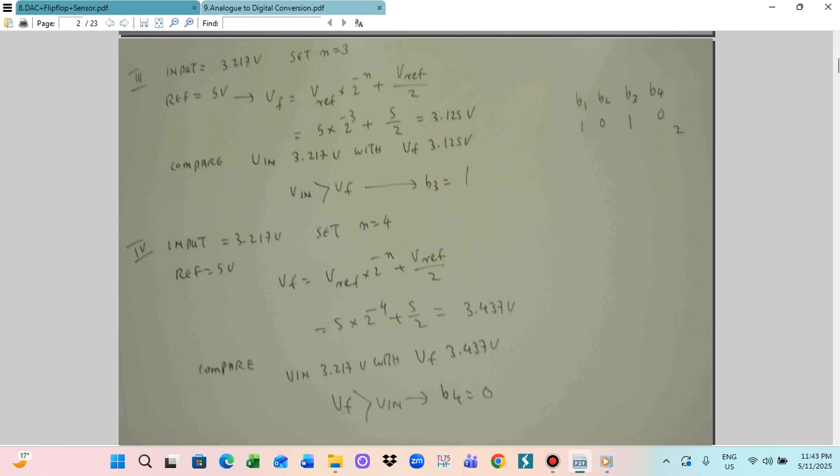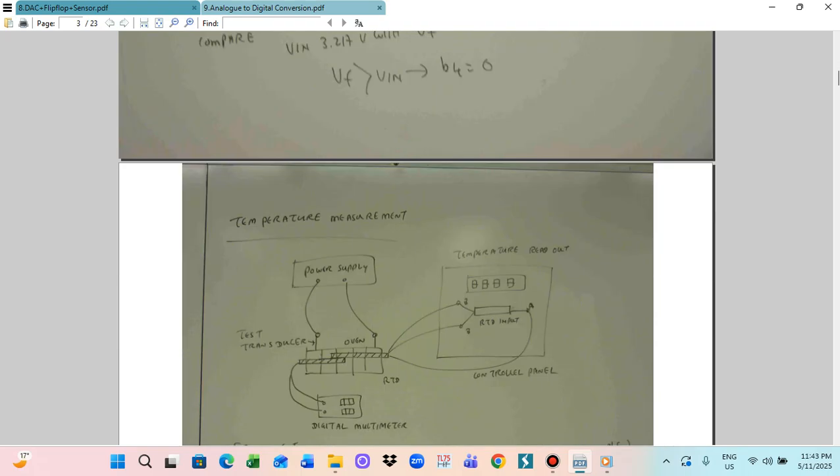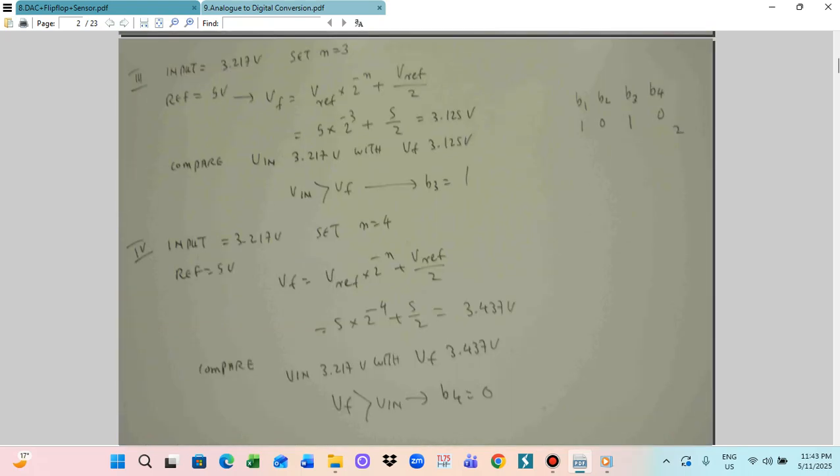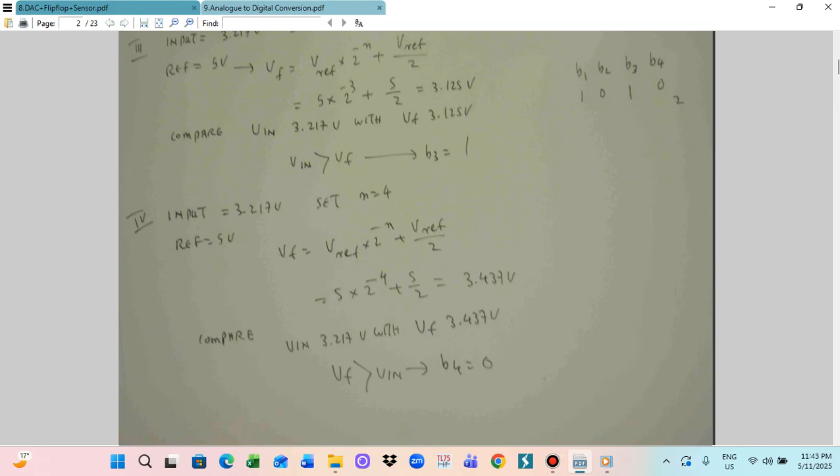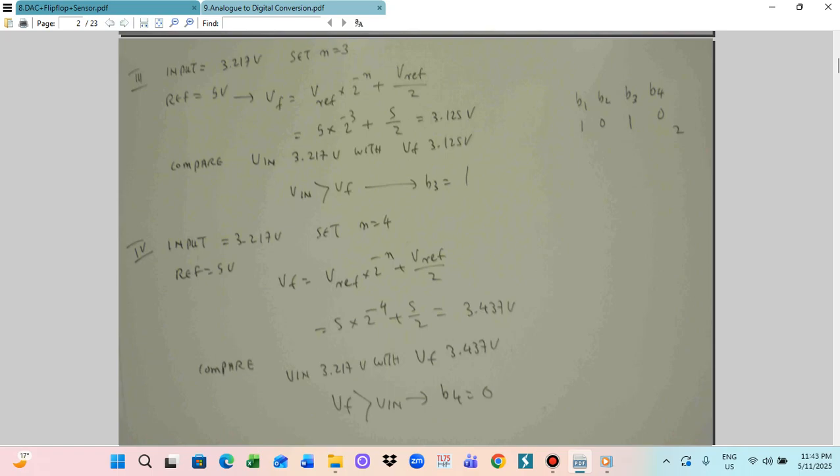Ramp analog to digital converter means comparing the input voltage against a linearly increasing ramp voltage. You can see here the input voltage Va is unchanged, but this Vs depends on the reference voltage, so this voltage will change.